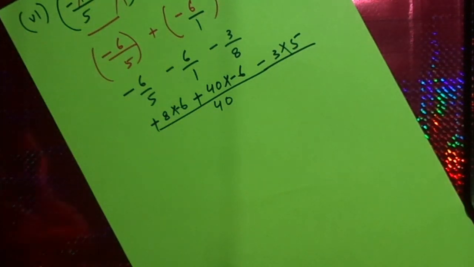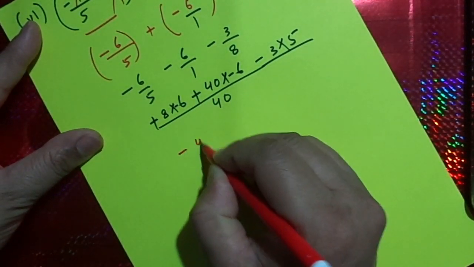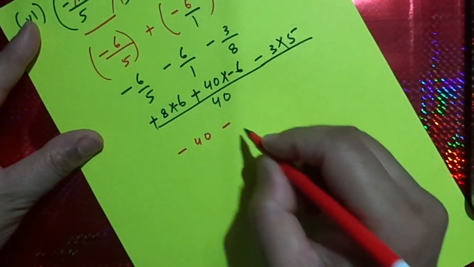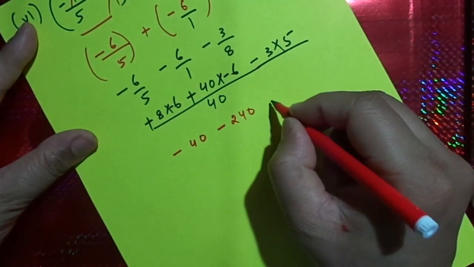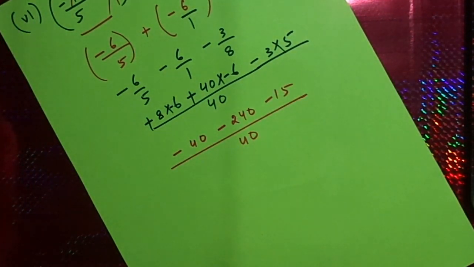I think I am getting a bigger number. However, minus 48, here we have minus 240, minus 15 over 40. My goodness, such a big number. I am scared.